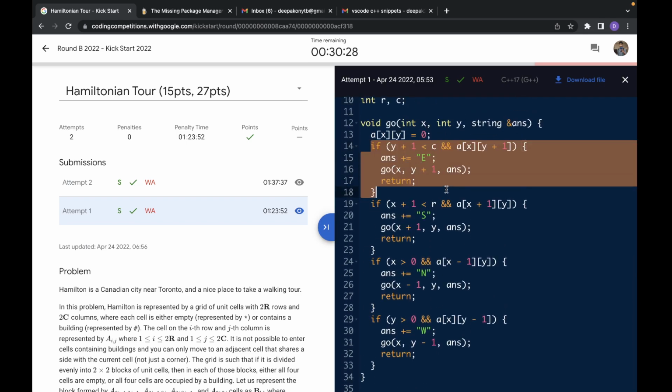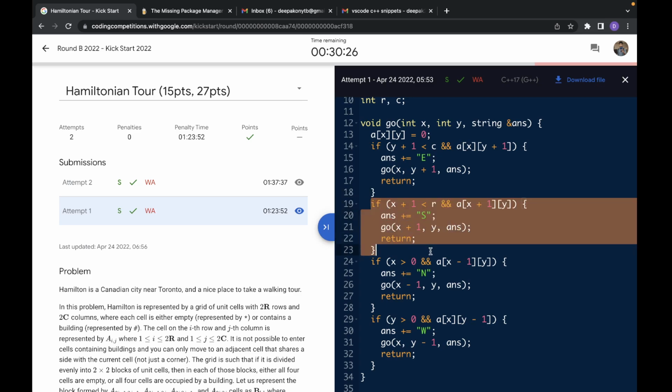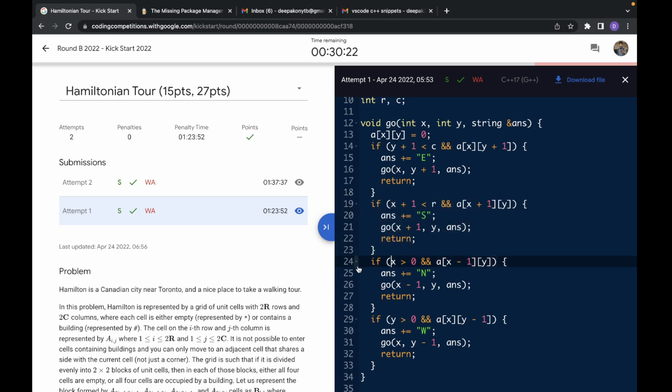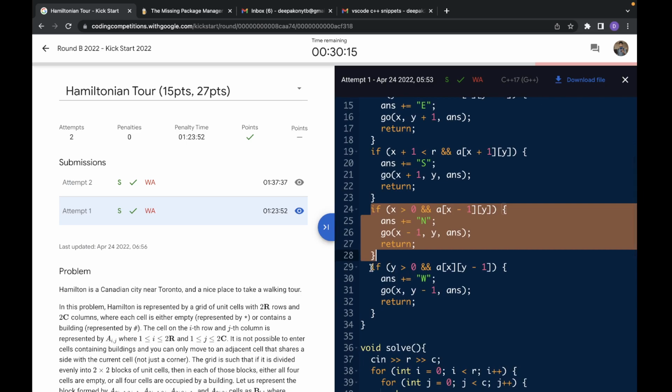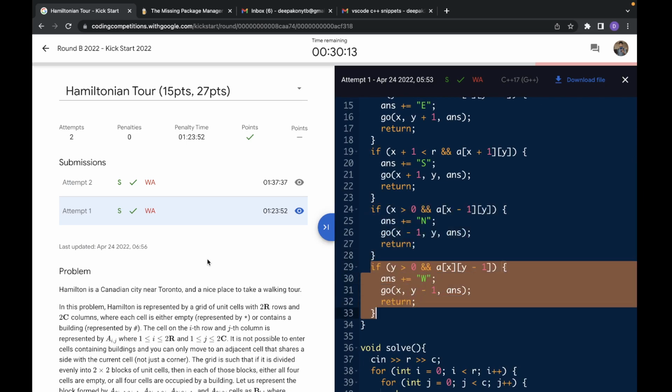You try to go right, and if it's not possible, then you see if you can go south. If not, then my third condition was you try to go up as much as possible. And finally, you go left. So the priorities are: right first, second south, third up, and finally left.